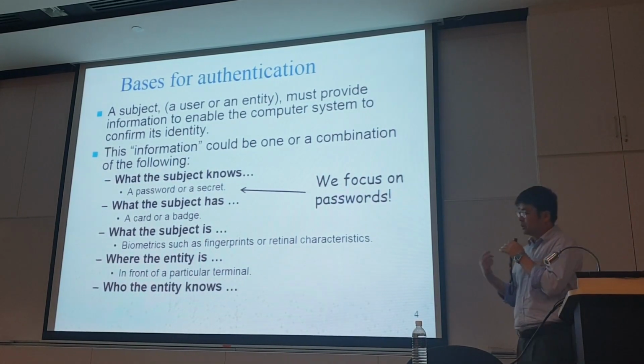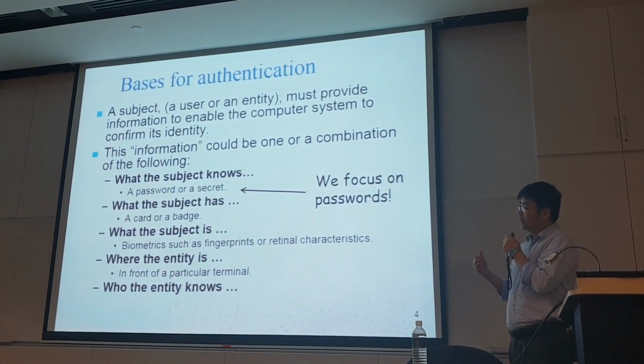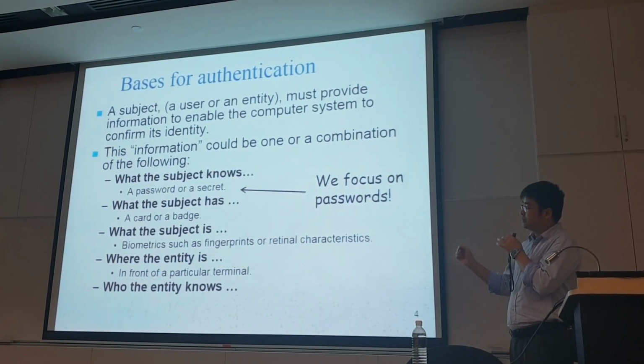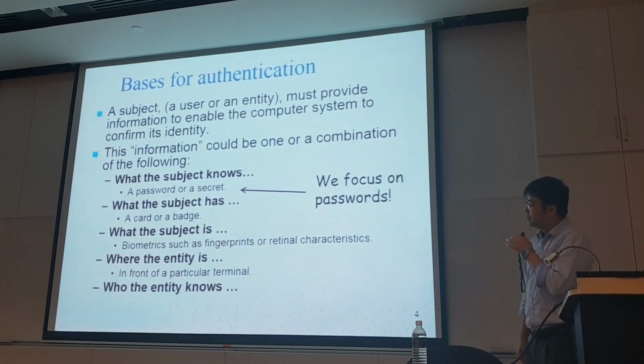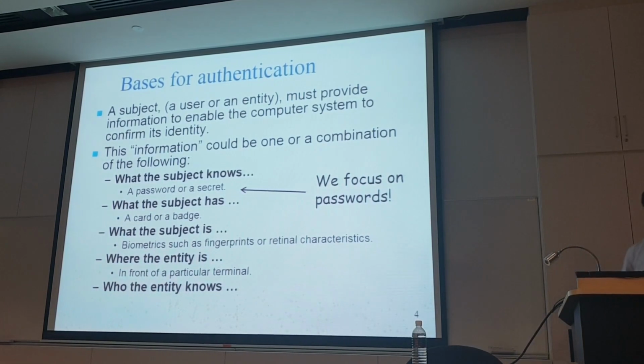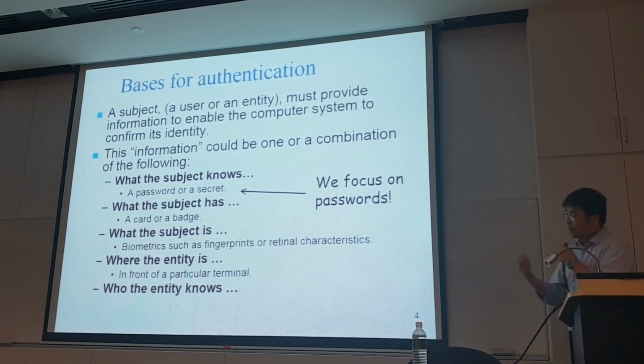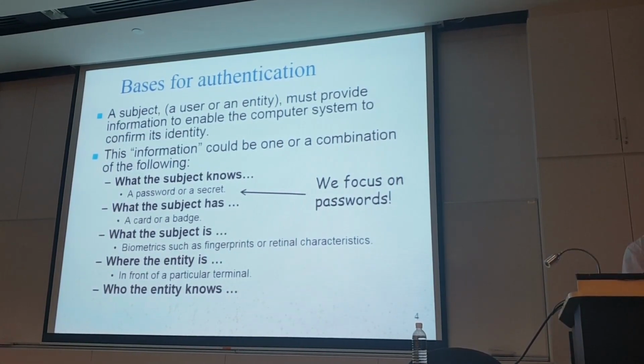The smart card allows the user to, for example, enter a room when you scan the smart card or RFID card with a reader. In this case, you have a physical object, so this is something you have. And then you can also use biometric information, for example, your fingerprint or your voice, to do this authentication.